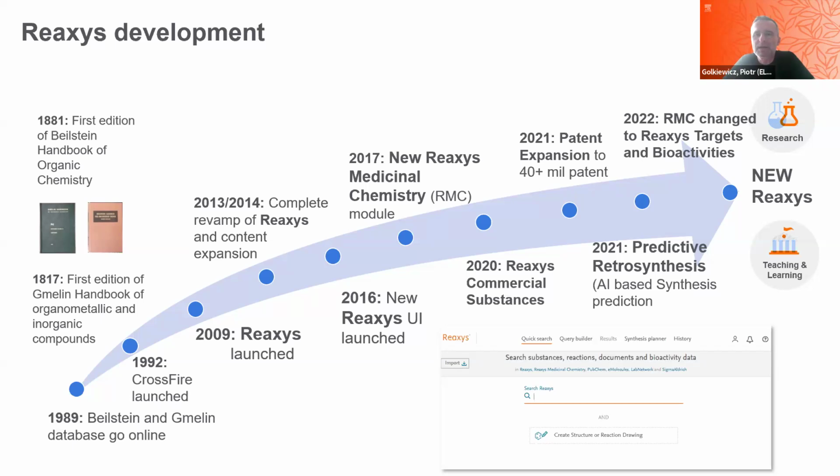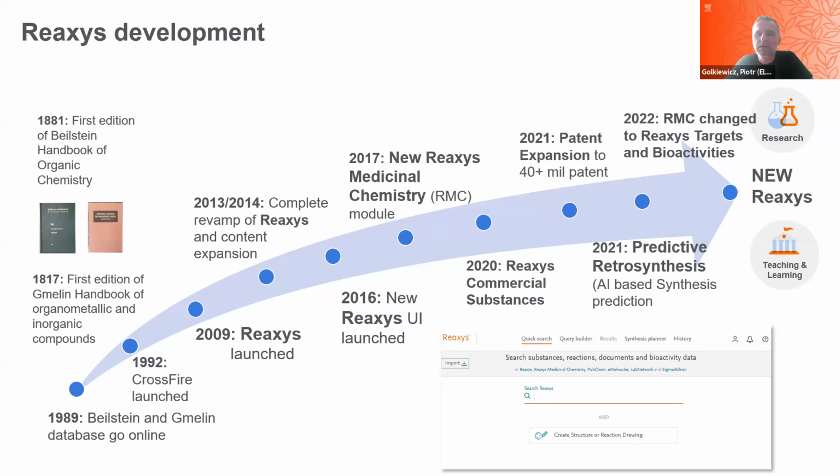In 2021, we started a patent expansion project, and this is a huge project devoted to improving our coverage of patents. Now we are covering 105 patent offices and 170 patent classes, so we can say patent coverage is now really good. It's enough to say that we grew from 2 million patents to 45 million patents in 3 years, basically.